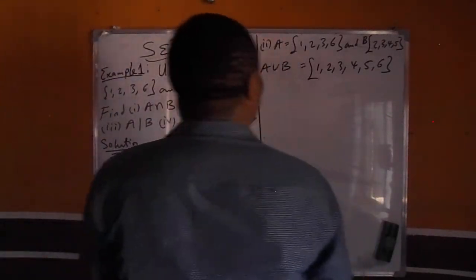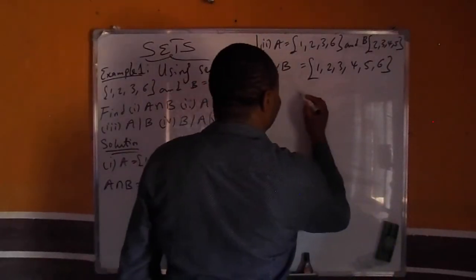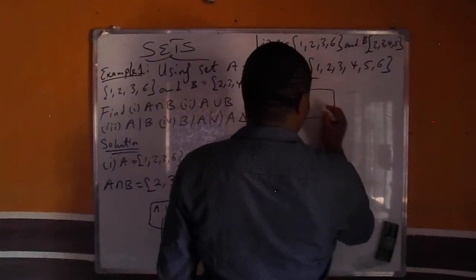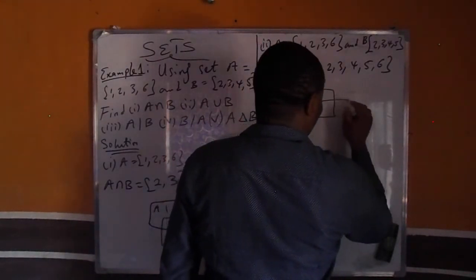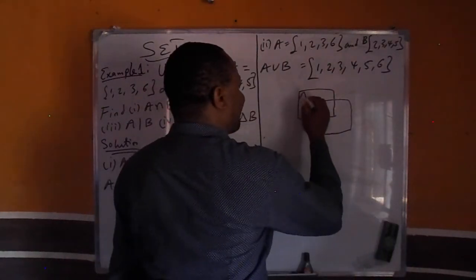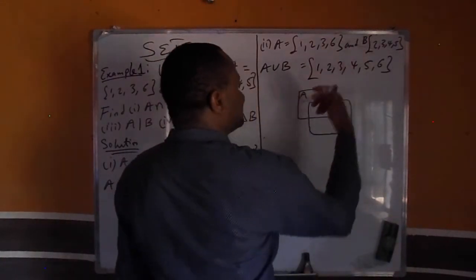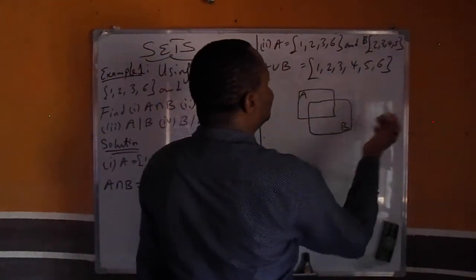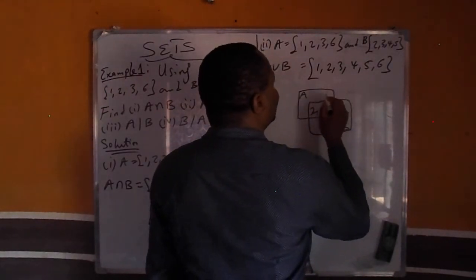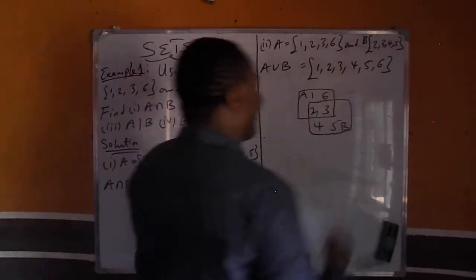How do we represent this with a Venn diagram? Now we have A, we have B. 1, 2, 3, 4, 5, 6. So in common, 2, 3. This one is 1, 6, 4, 5.